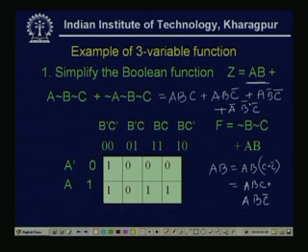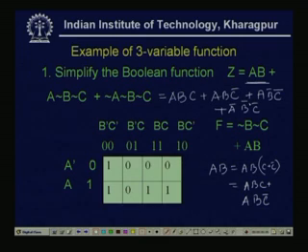Now, see, initially we are not reducing, rather we are extending the expression, but as already discussed, this will help in drawing the K-map or putting the ones in the K-map.